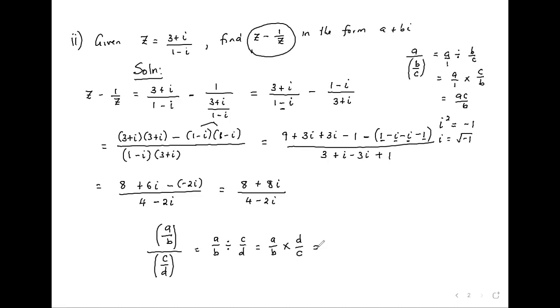Then this is going to allow us to say AD over BC. So you can change division to multiplication, provided you interchange.